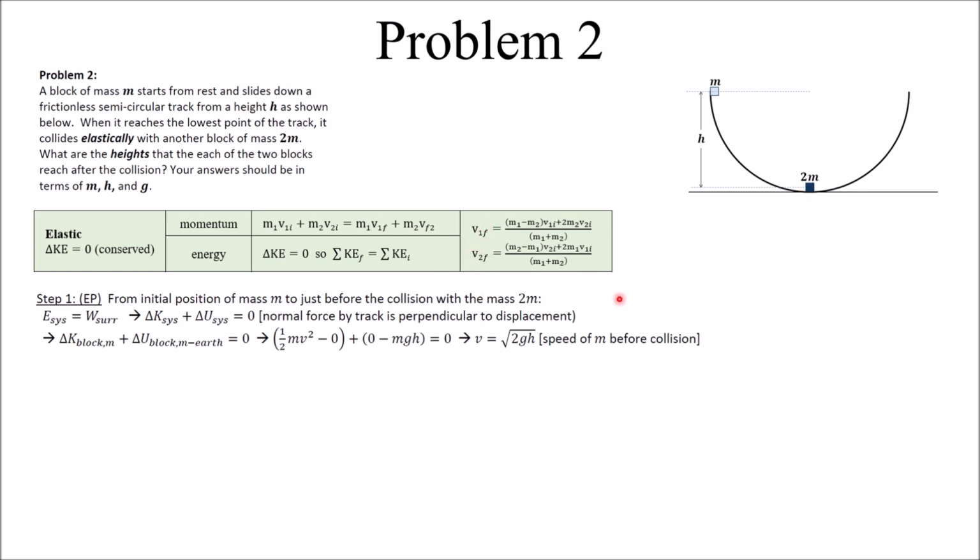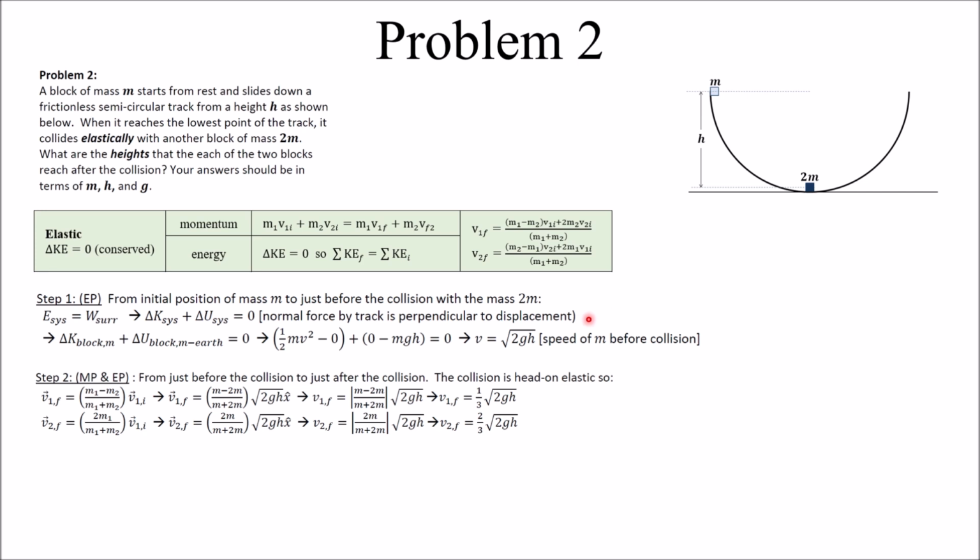So we'll use these two equations here. And we can simplify, because we know the initial velocity of the second mass is 0. You can see how these equations are going to simplify a little bit. And when we plug in 2m for m2, it simplifies down.